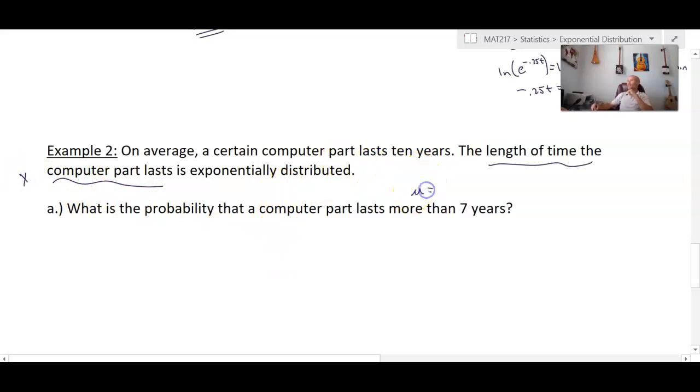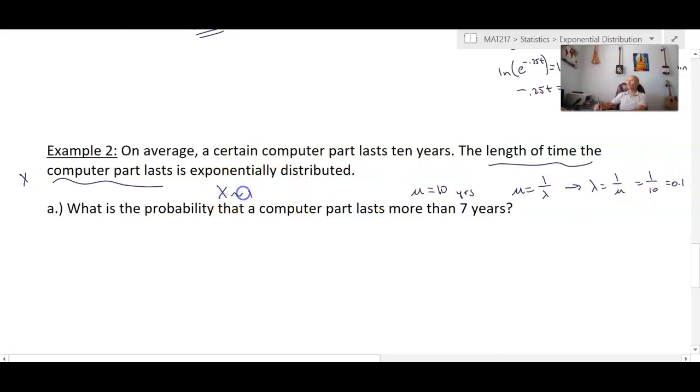We know that the mean is 10 years. We're going to need to get lambda. Mu is equal to 1 over lambda, and so that means that lambda is equal to 1 over mu, which is 1/10, which is 0.1.